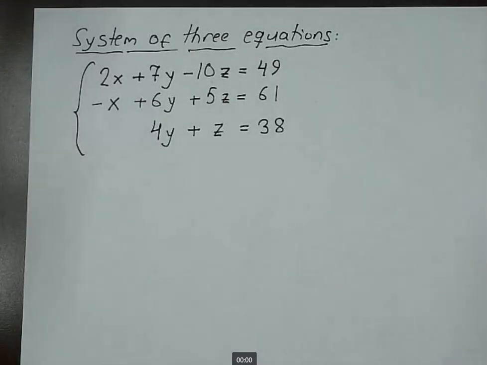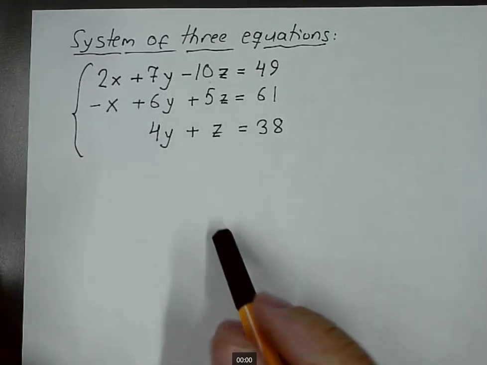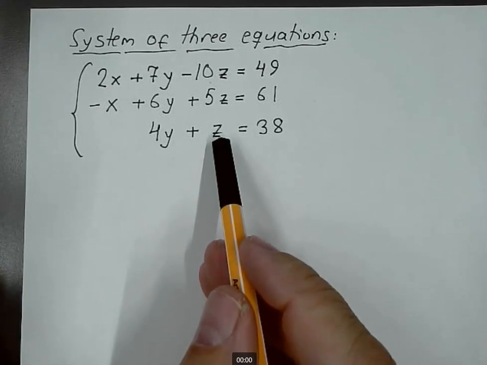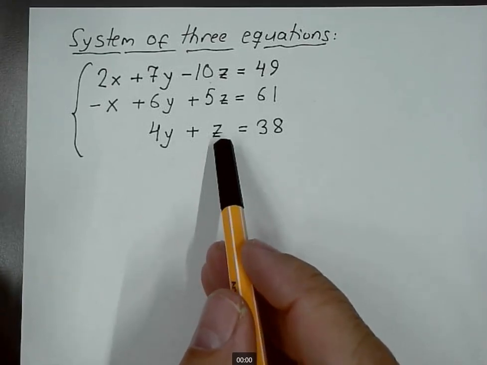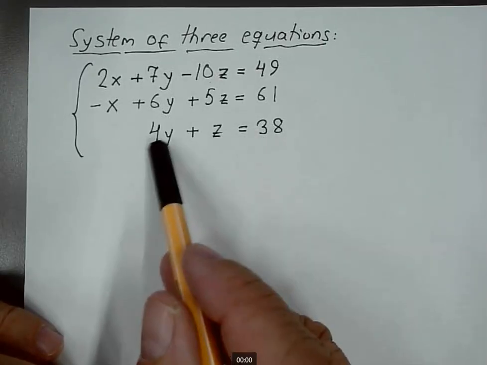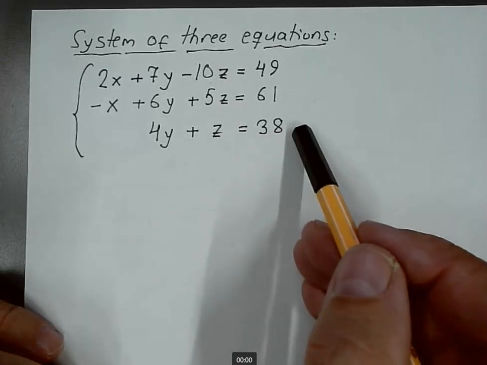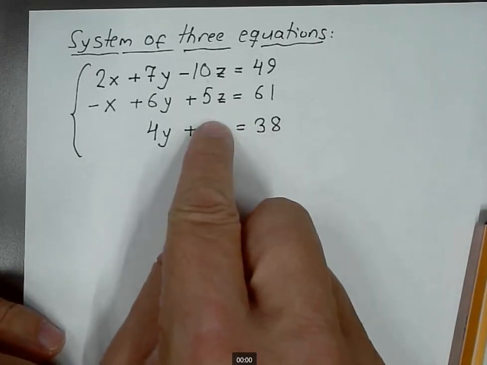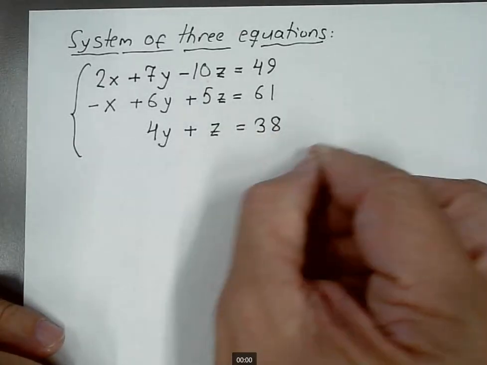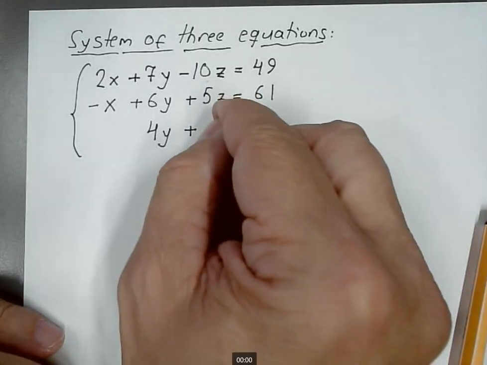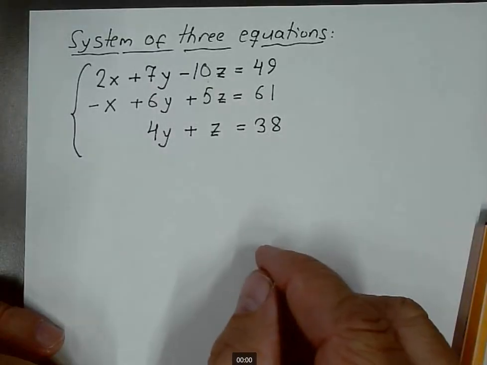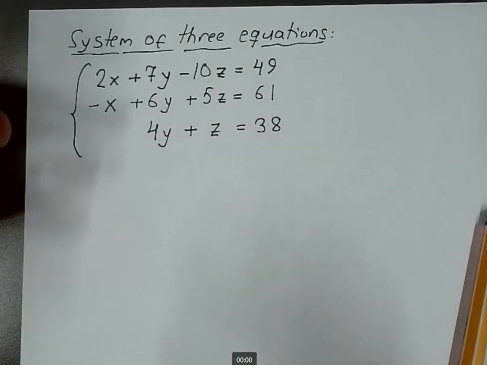Of course we could solve this by, for example, solving the third letter from the last equation. Zeta equals 38 minus 4y. This will go there, and we get the expression here, and we may substitute the zetas in the first 2 equations. That leaves us 2 unknowns.